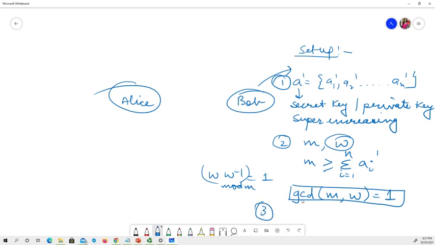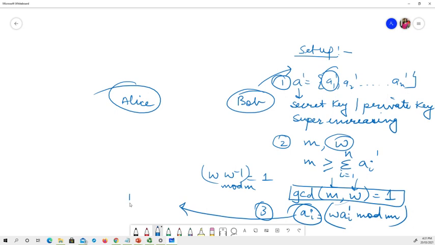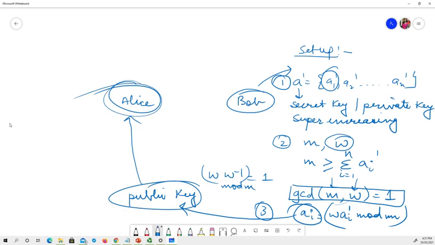The third thing is that once it has calculated this M and W, it will calculate ai, and ai is nothing but the multiplication of W with ai' under the modulus M operation, and this ai would be the public key that Bob makes available to Alice, and Alice would be able to access it.